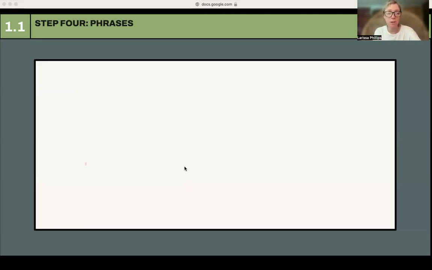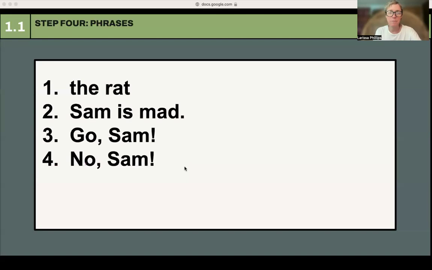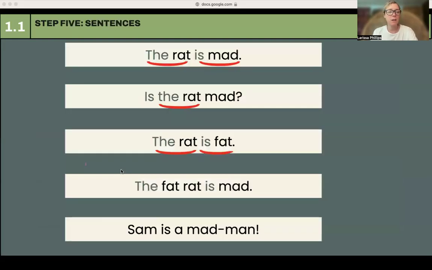And an exclamation point. No, Sam. Okay, so here we have the rat. Sam is mad. Go, Sam. No, Sam. So check your work and correct anything and maybe go back and do it again if you had trouble. Okay, now we have some sentences.